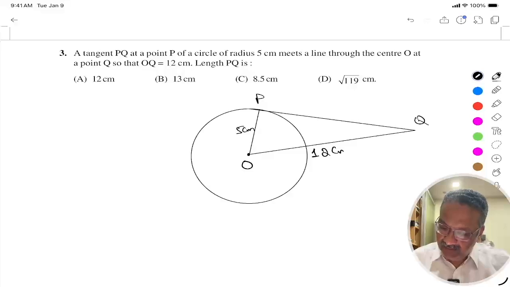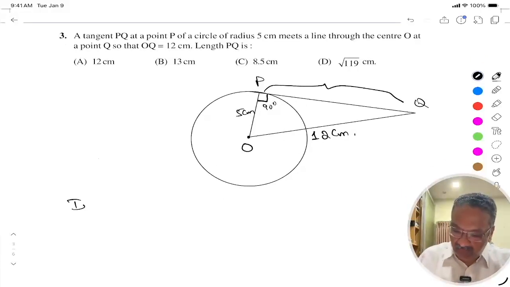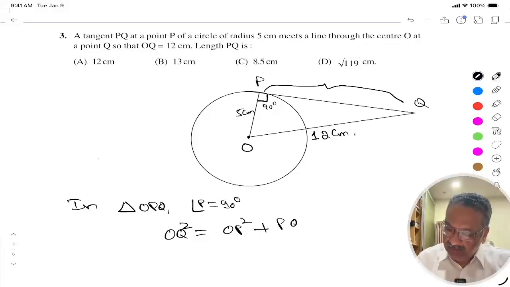Now what have they asked? Length PQ. We know that as per theorem 1, the tangent is perpendicular to the radius at the point of contact. Correct? So this will be 90 degrees, and we have a right triangle. In triangle OPQ, angle P is 90 degree. Therefore by Pythagoras theorem, hypotenuse OQ square is equal to OP square plus PQ square.